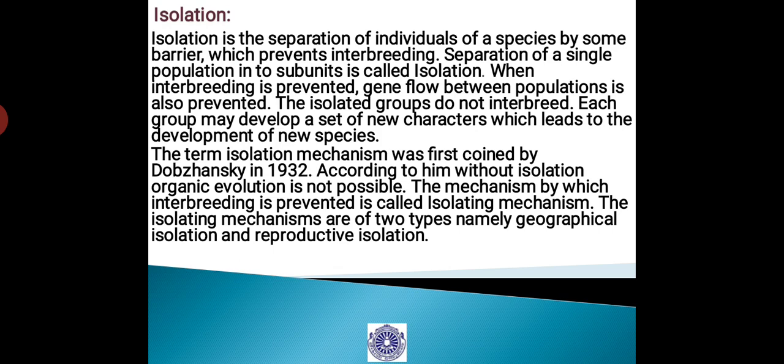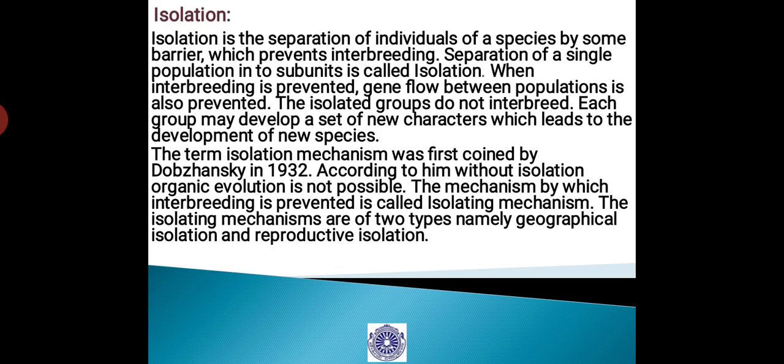The term isolating mechanism was first coined by Dobzhansky in 1932, and according to him, without isolation, organic evolution is not possible. And the mechanism by which interbreeding is prevented is called isolating mechanism.